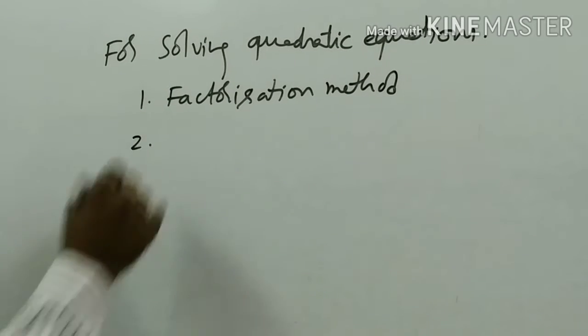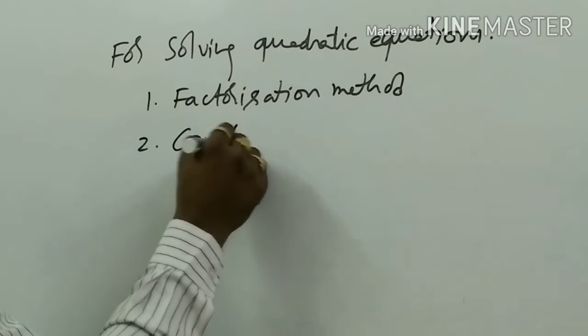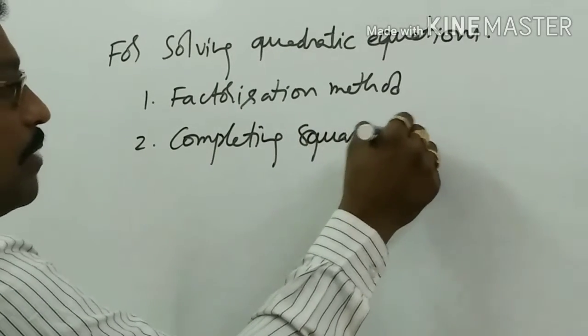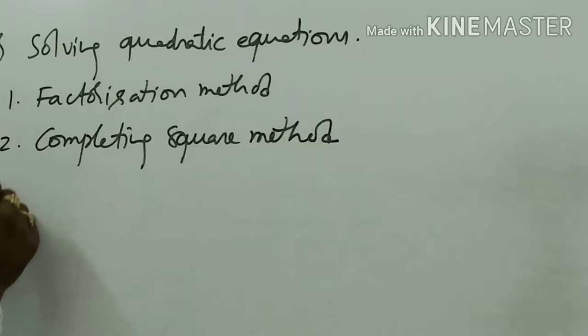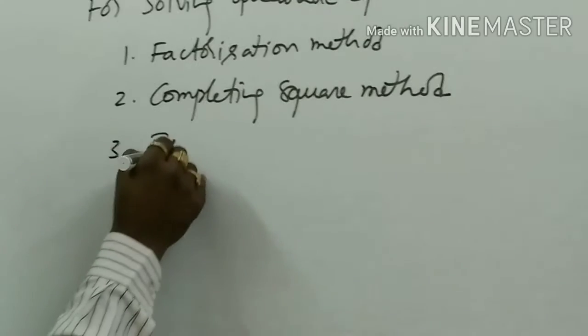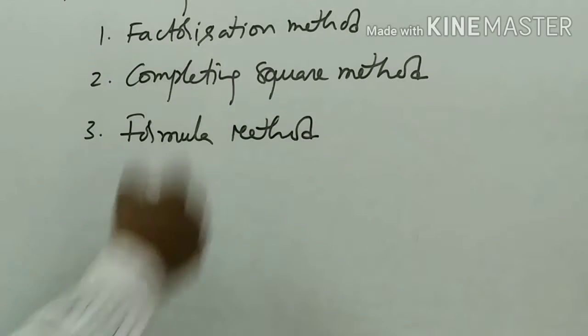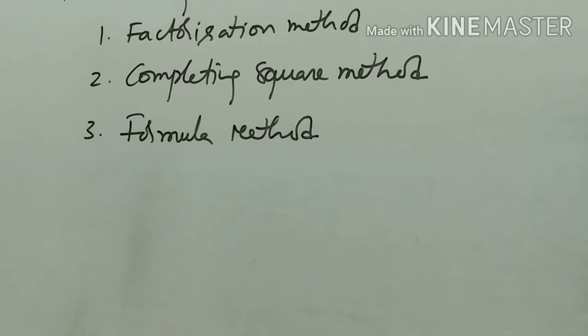The second one is the completing square method. And the third one is the formula method. Okay, three methods are there: factorization method, completing square method, formula method.